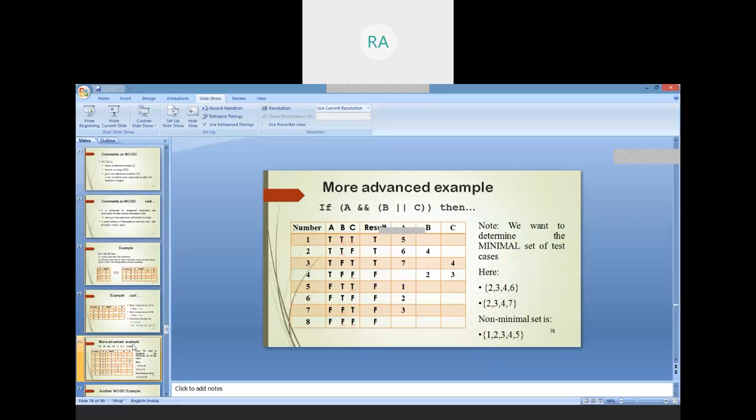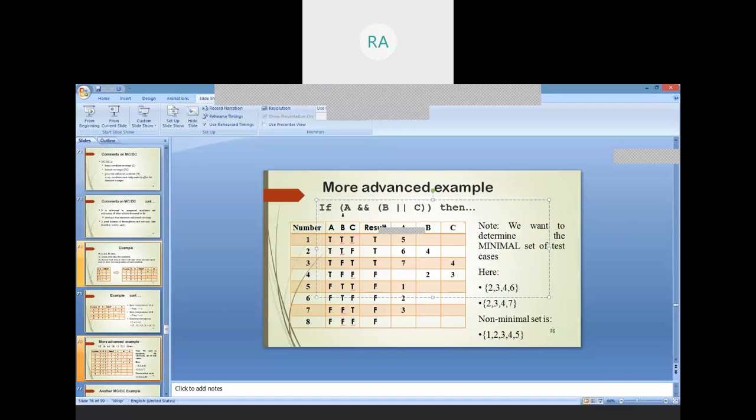I request everybody to take this down and come with the solution in tomorrow's class. That is, if A and parenthesis B or C. You have to solve this and come up with the minimal set which is going to impact the final decision. This is the assignment for MCDC coverage.